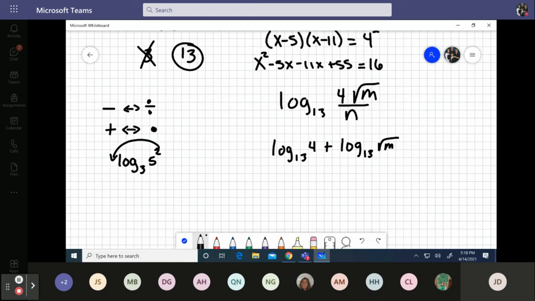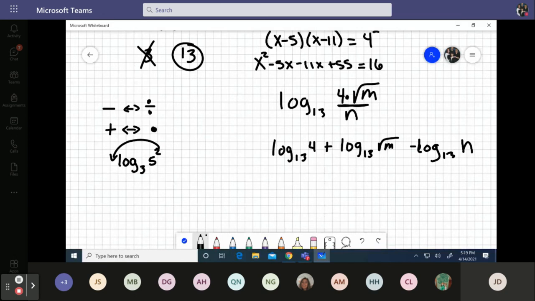And then for this division, I'm going to make a minus sign. Log 13 of n. So I broke it into 3 parts.